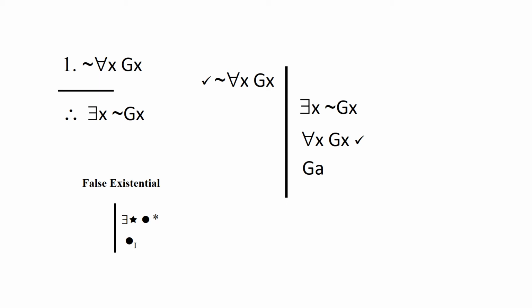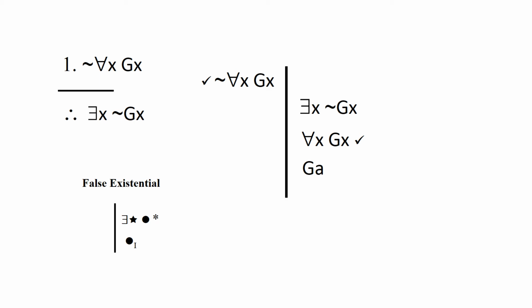There's no restriction on the name letter we can use here, like there was with false universal. So we could build false tilde GA, false tilde GB, but what we want to do in order to keep the star rules from just going out of control is only build instances using name letters that you already find in the tree.